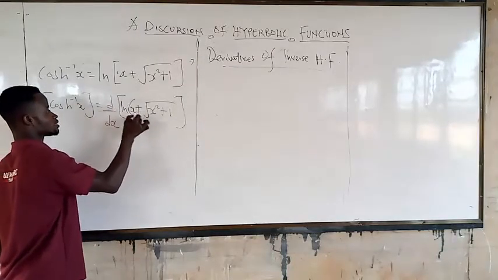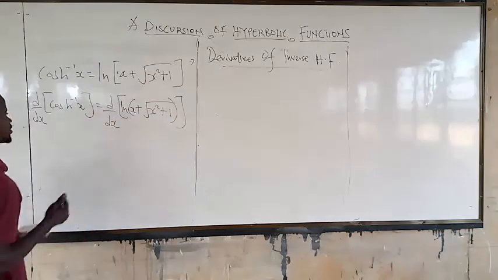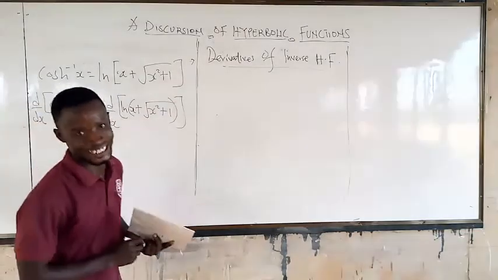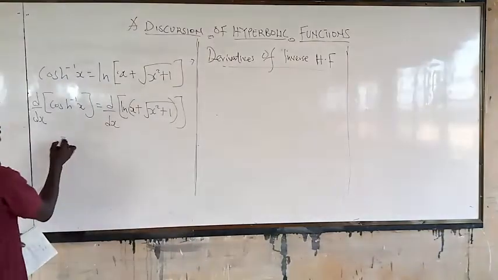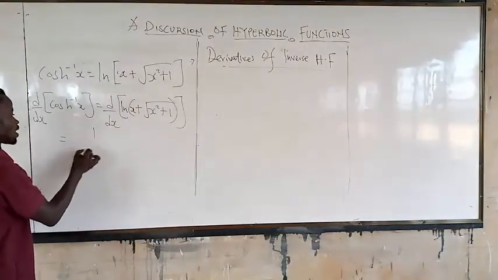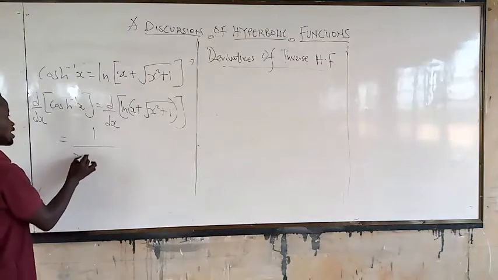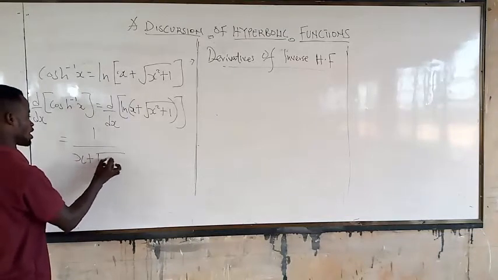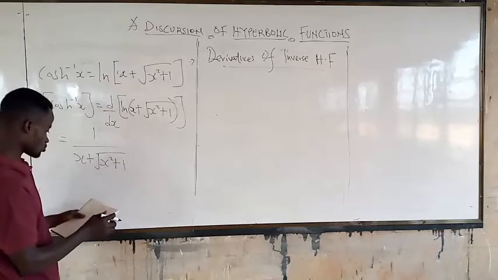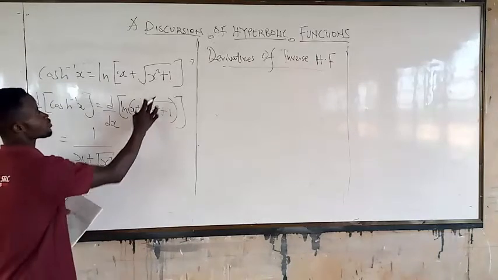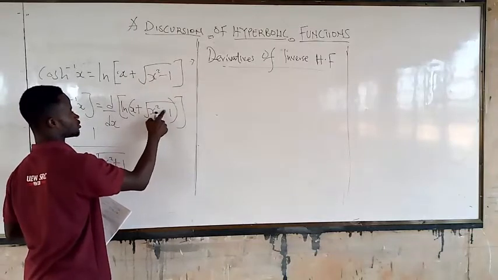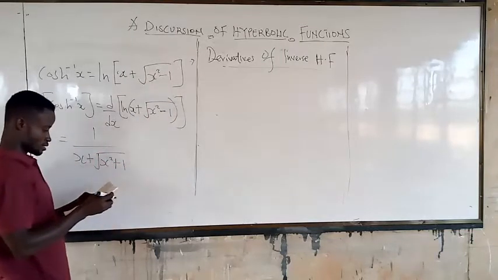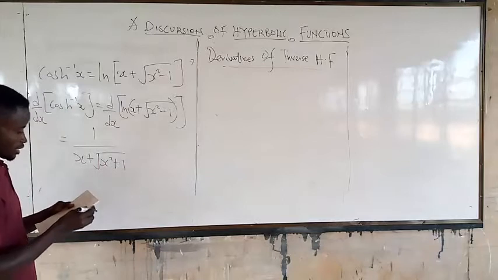Good. So I had forgotten the ln. Calculus 1. Go back and watch it. So calculus 1 is calculus 1. Because of the ln, it is 1 over x plus square root of x squared minus 1. Sorry, you're supposed to have minus.